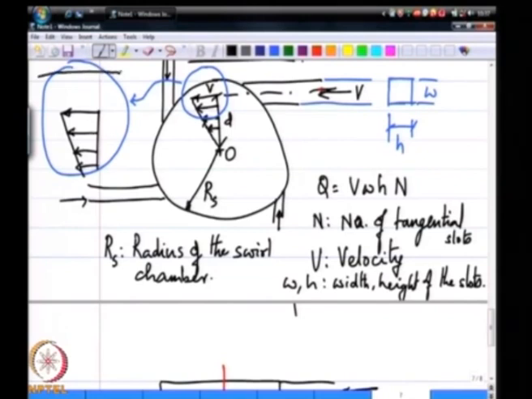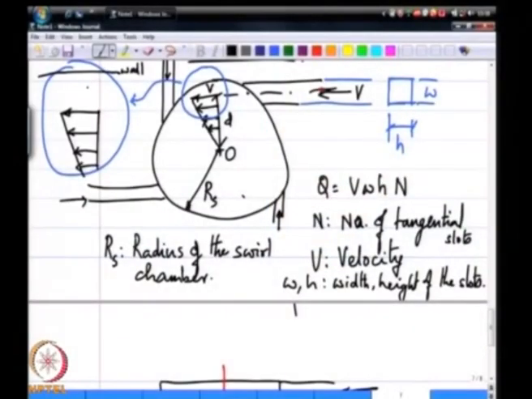So, this is the wall of the swirl chamber. Now, from this point where you have this tangential slot coming in, you can imagine an invisible rod that is spinning at an angular velocity V over d. So, as far as this part of the fluid is concerned, it is being driven by a rod of diameter 2d, or radius d, that is spinning with an angular velocity V over d.